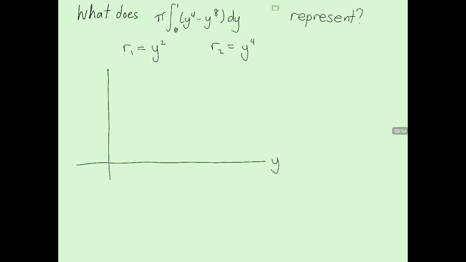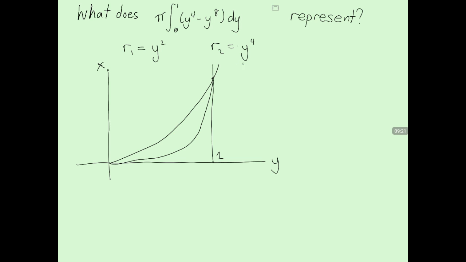where y is the horizontal axis and x is the vertical axis, we can sort of see that y squared is going to be something like this from 0 to 1, and y to the fourth is going to be below that from 0 to 1, and they're going to be both 1 at y equals 1.